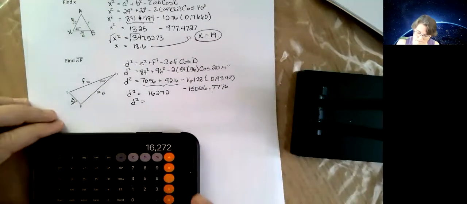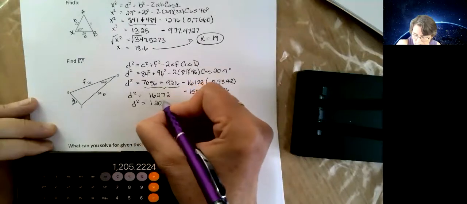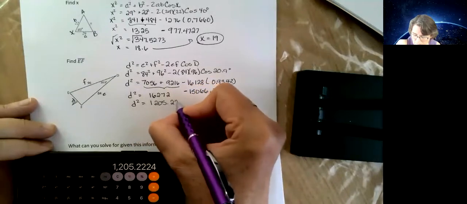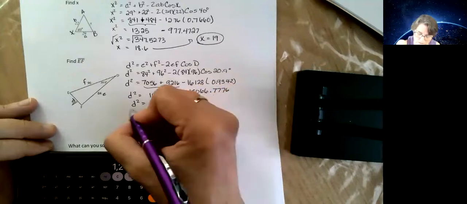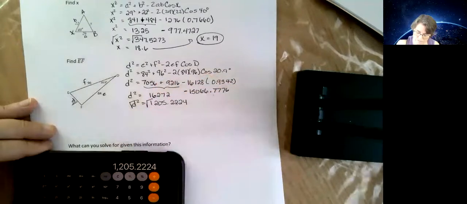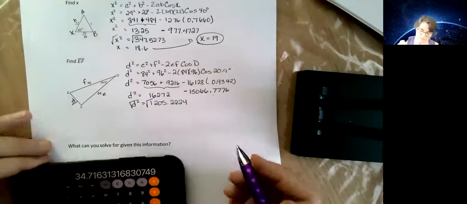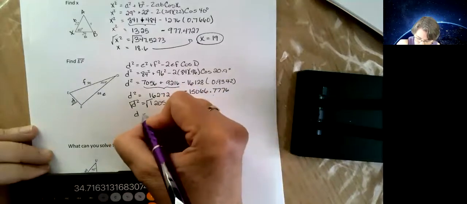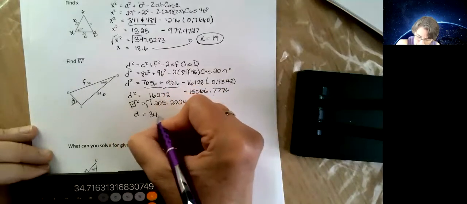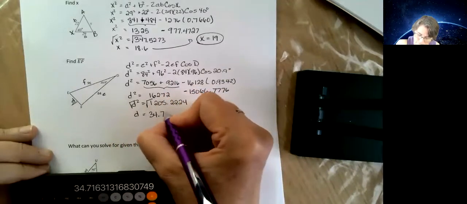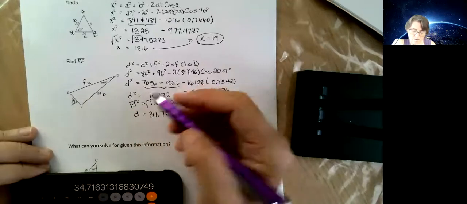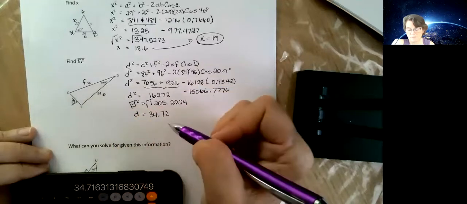So minus 15066.7776 gives 1,205.2224. Square root, and okay, they use one decimal place there.